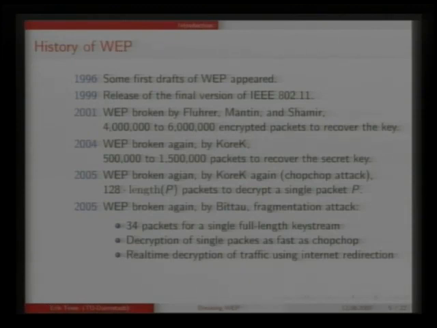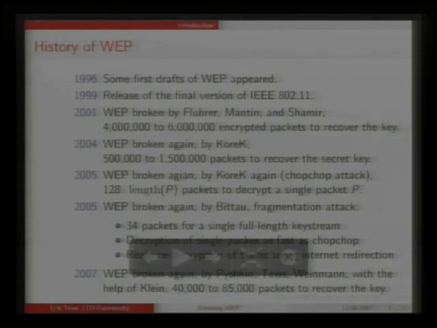So what Bittau could show in 2005 is that you can rearrange packets using fragmentation, and exchange the routing information in these packets, so that packets are not sent to the real destination. They go to you over the internet instead, which allows you to decrypt these packets. And this attack allows some other nice things too.